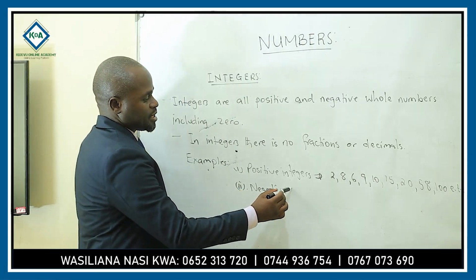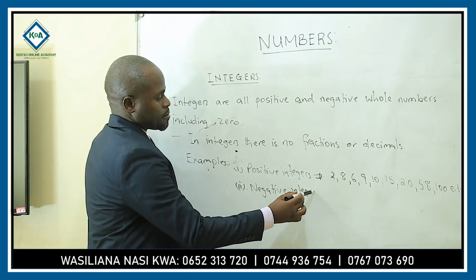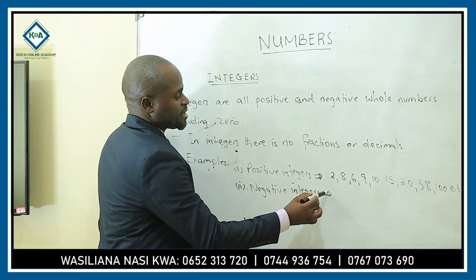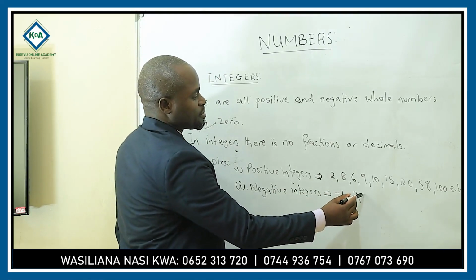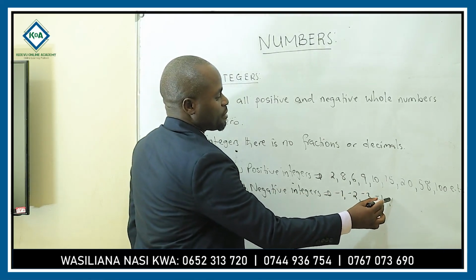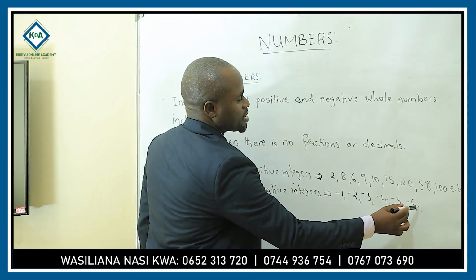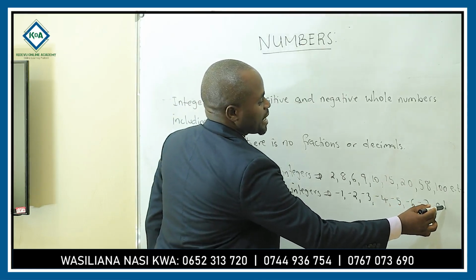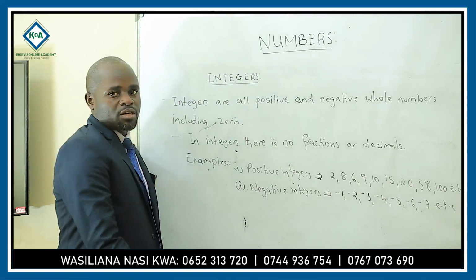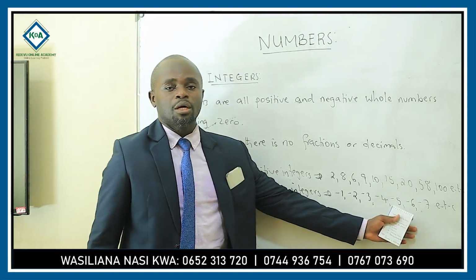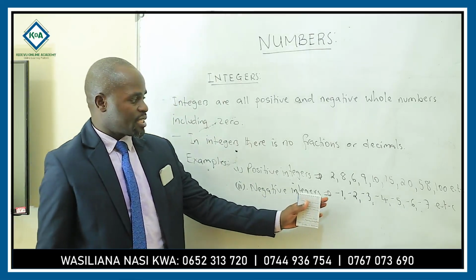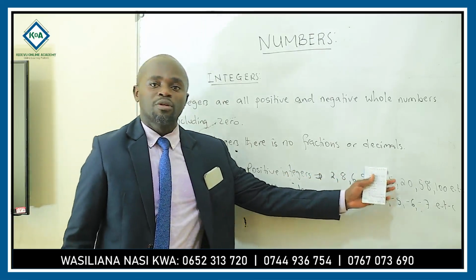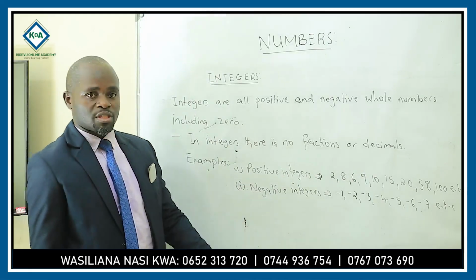Now, negative integers, we have numbers like -1, -2, -3, -4, -5, -6, -7, -8, -9, etc. So all negative whole numbers fall under the negative integers, and all positive whole numbers fall under positive integers.